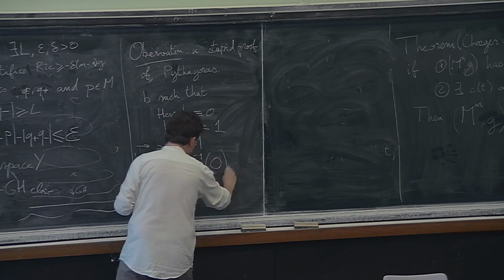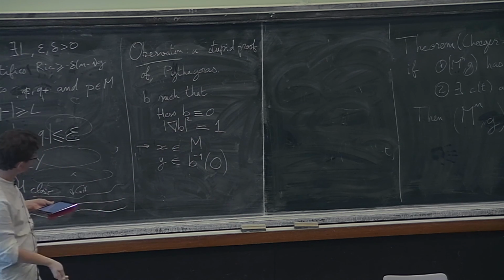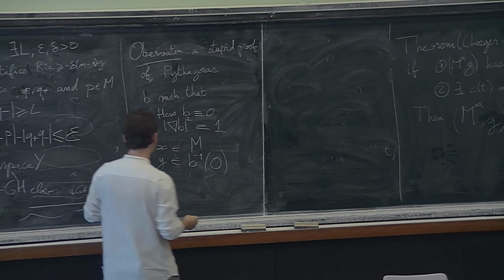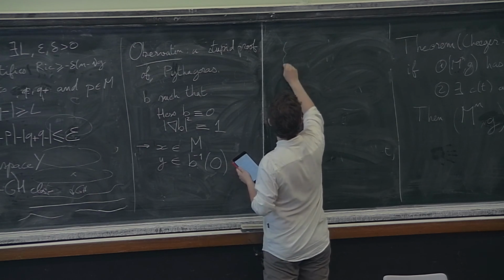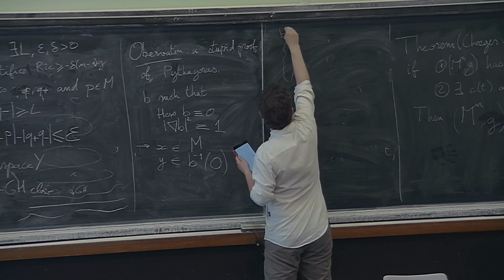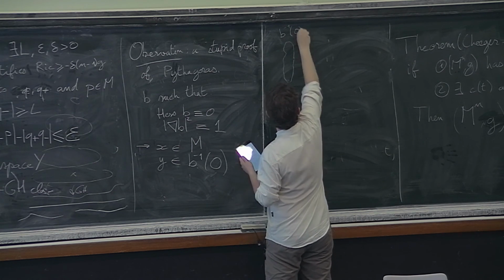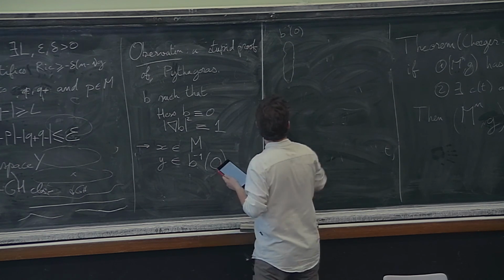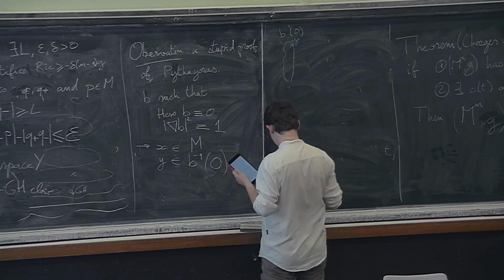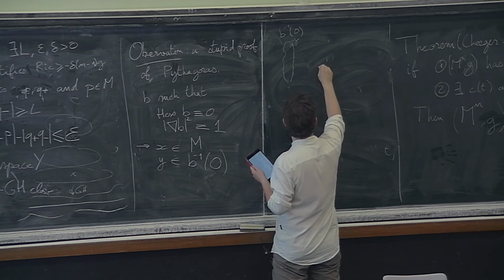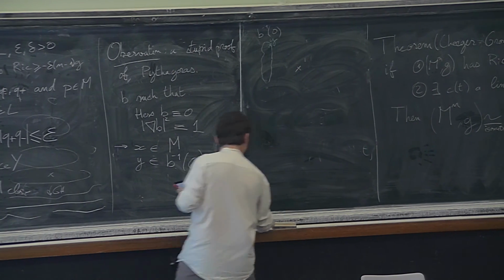Let's assume 0 is in the image of b, we can always translate stuff. Okay. So this is my b minus 1 of 0. I have some point y in here, and I have my point x in there.